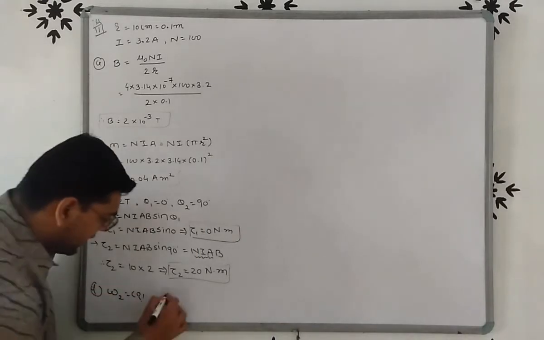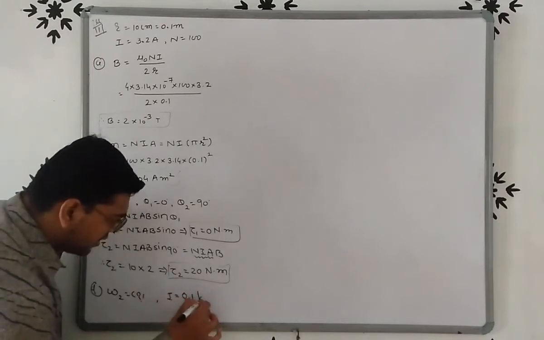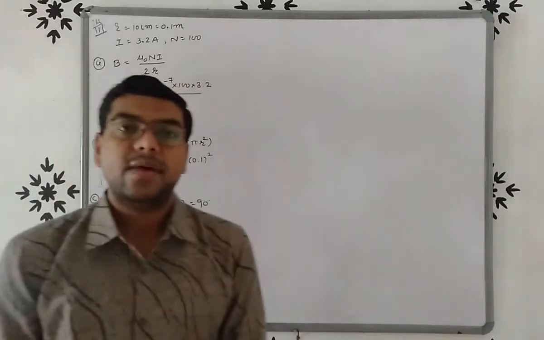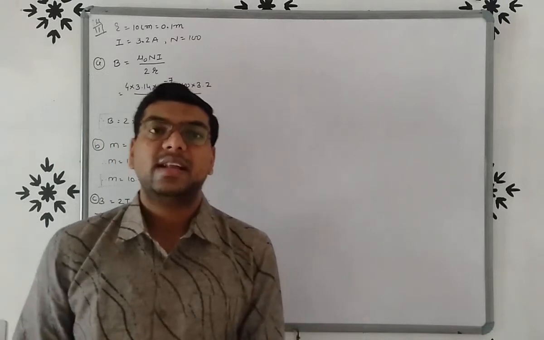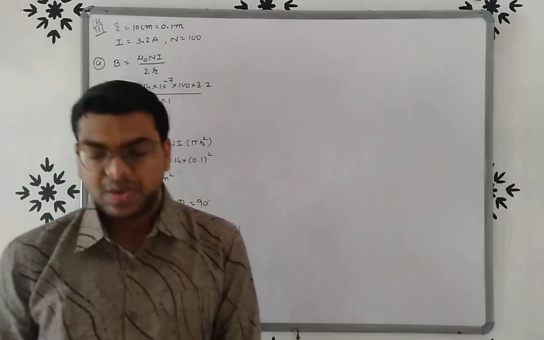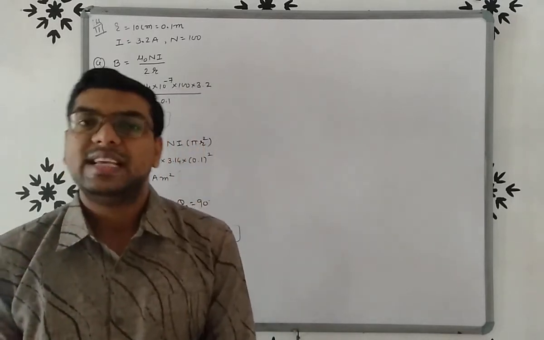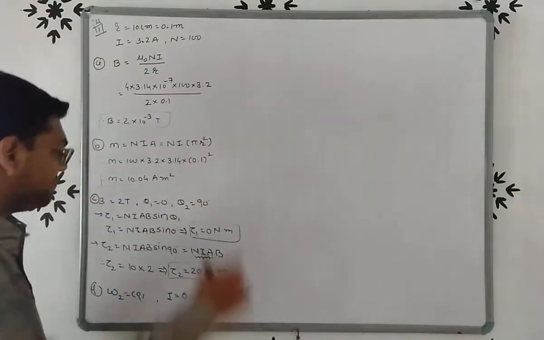The moment of inertia I is given as 0.1 kilogram into meter square. So we have to find out the angular speed at an angle of 90 degree, that is omega 2. And in the initial condition, we know that omega 1 is 0, right?